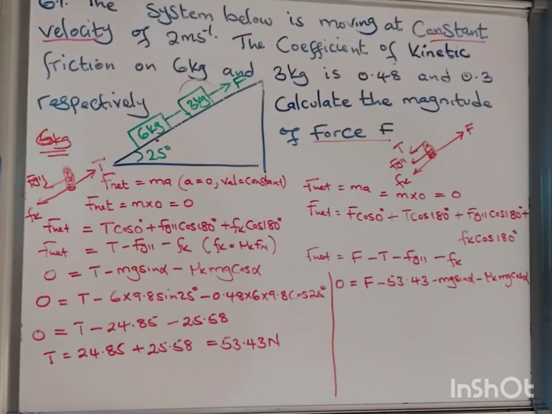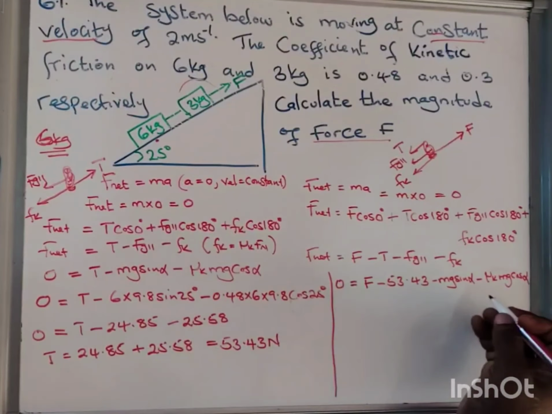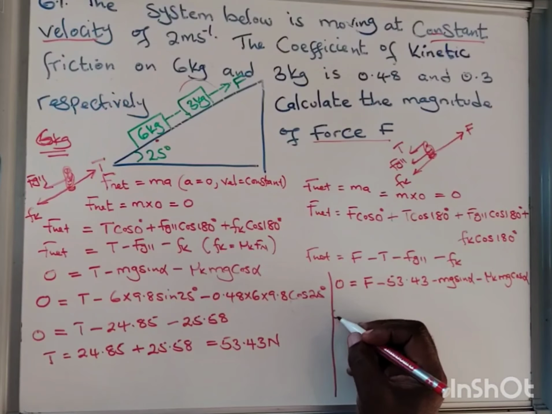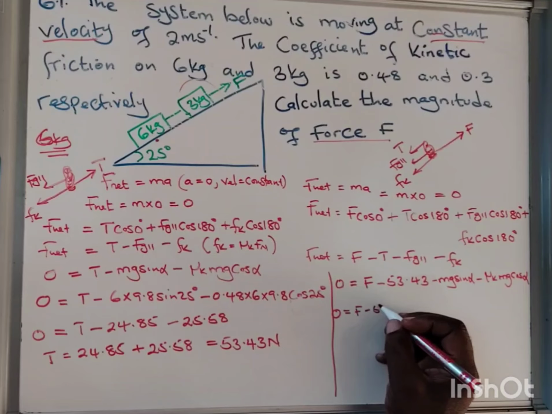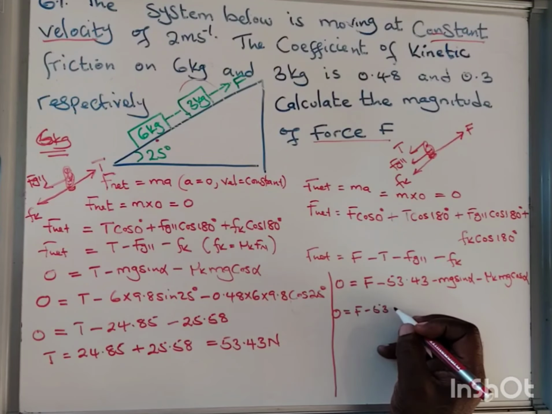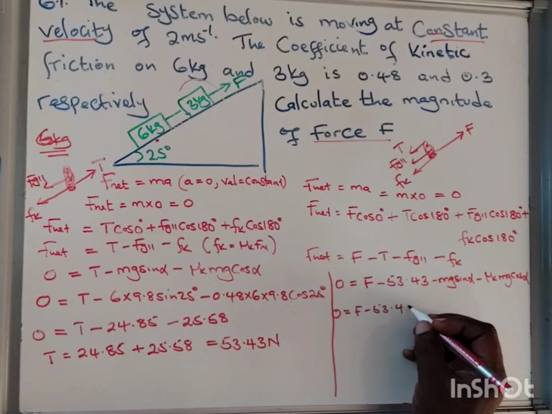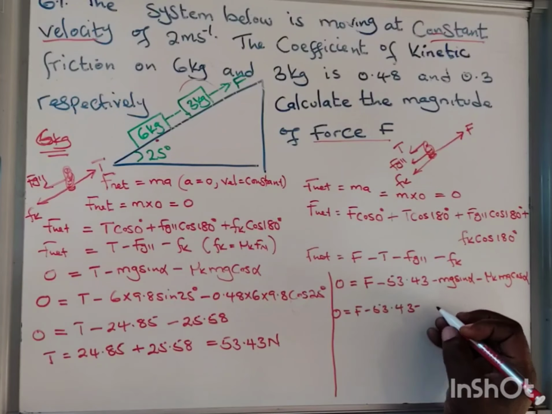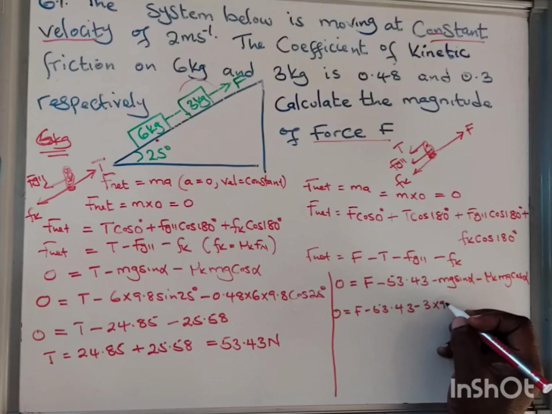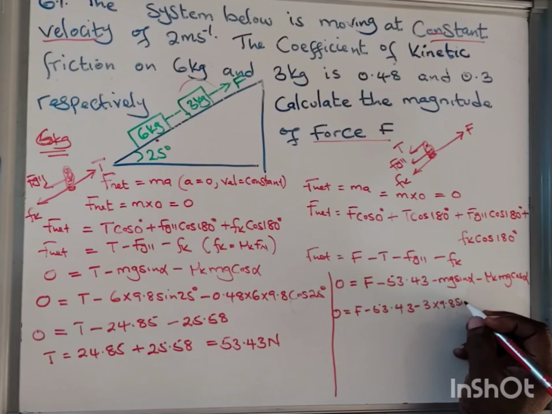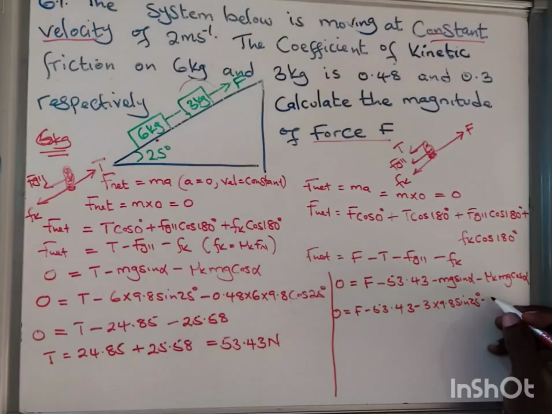If we substitute those values, we get 0 equals F minus 53.43 minus, the mass we are dealing with is 3, times 9.8 sine 25 degrees, minus mu.